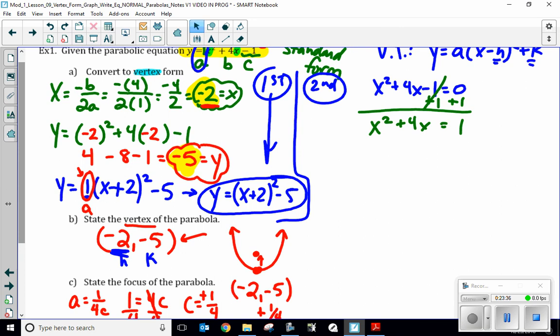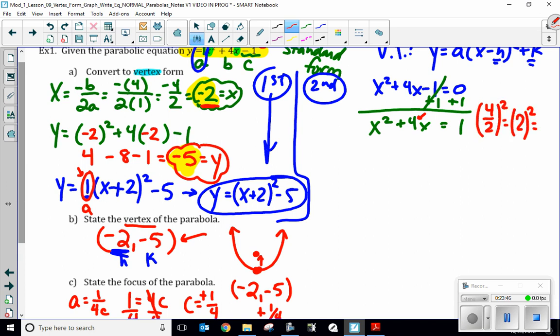And remember, the brain trust. This was the part that you need to be good at. I take my 4, I cut it in half, and I square it. That's like 2 squared, which is 4. That number 4 is what I'm adding to both sides. Plus 4, plus 4. X squared plus 4x plus 4 equals 5.